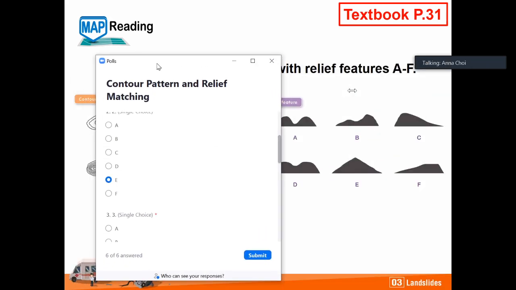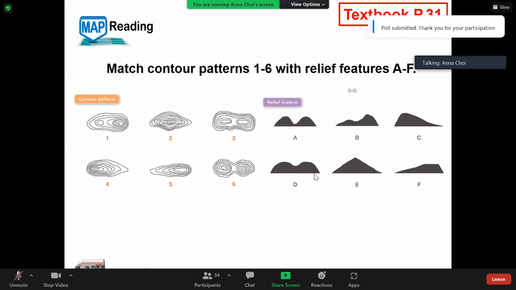Okay, 10 more students. So you have around 30 seconds. Six more students. 5 more students. Okay, roughly you have 15 seconds. 4 more students.